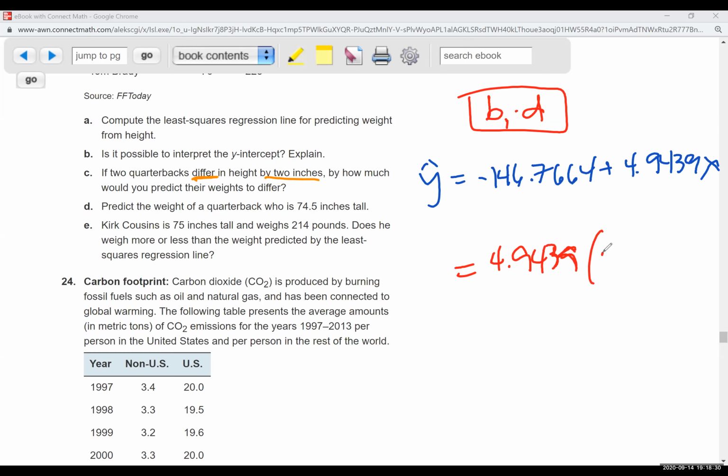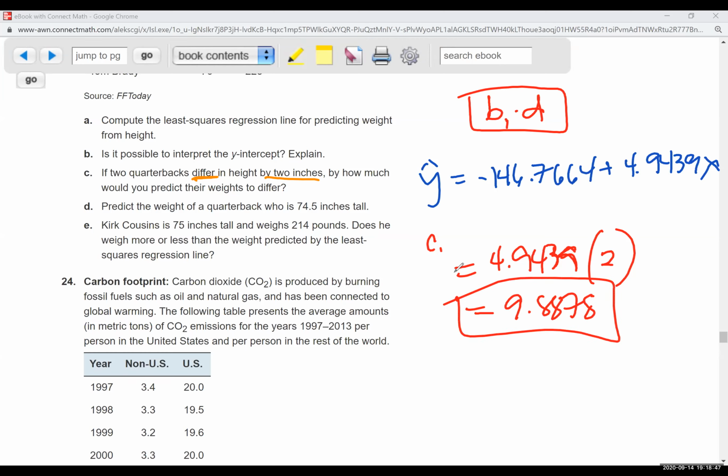Just multiply it by 2. And the answer is 9.8878. All right, thank you. Then letter D: predict the weight of a quarterback who is 74.5 inches tall. So what do we do here?